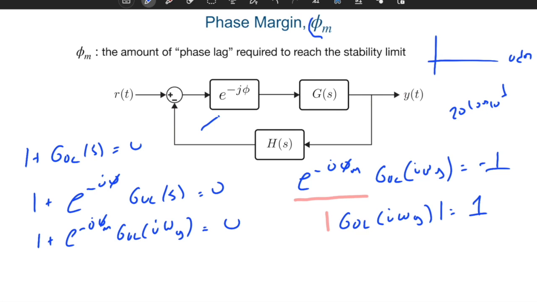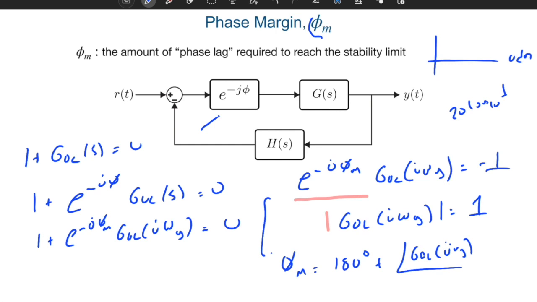If I look at the phase and compute the phase of this equation, the phase margin is simply equal to 180 degrees, since it's minus 1. It's also possible to say minus 180 degrees, but this is more convenient, plus the phase of GOL(j omega g).